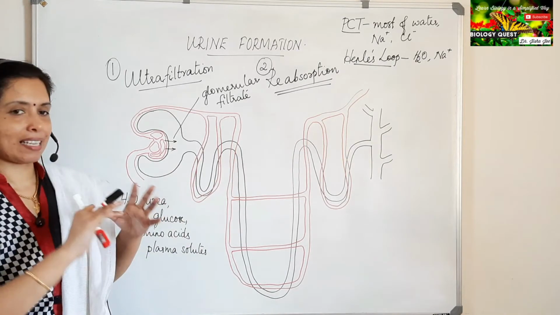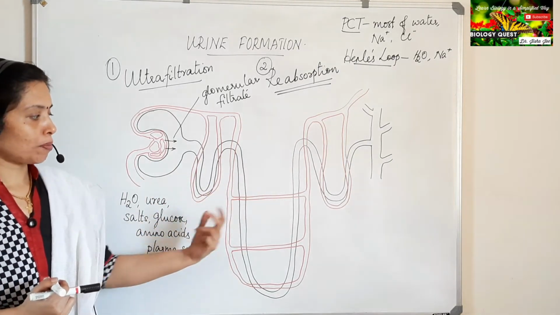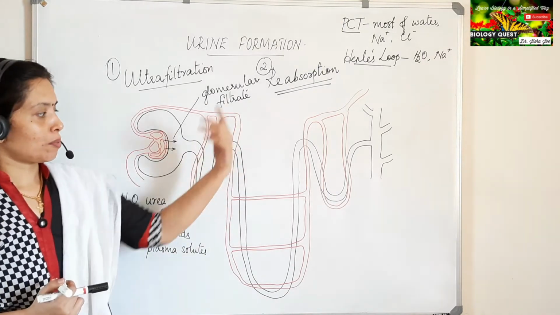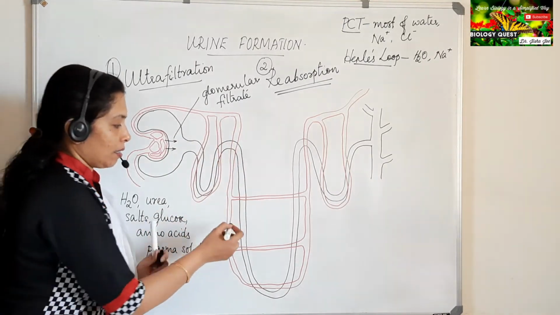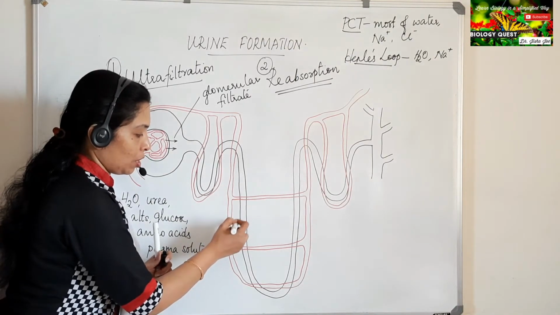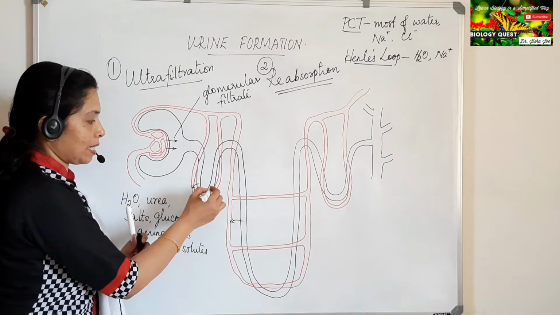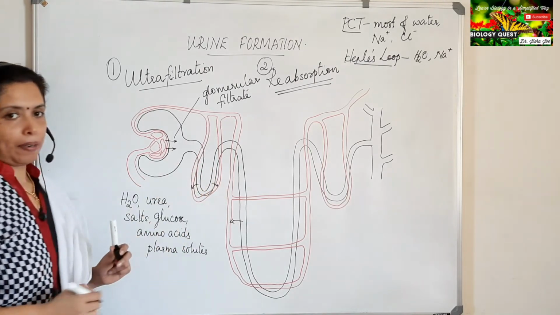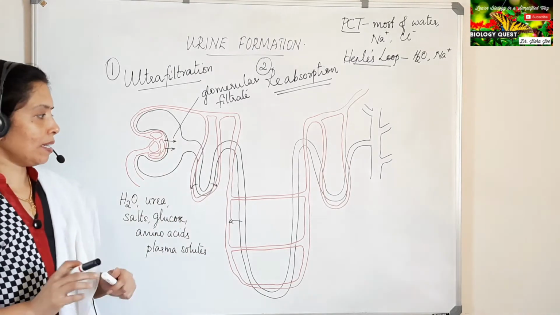It is seen as a network around the renal tubules. So the reabsorption of these substances will take place into the blood that is present in the capillaries. Okay, reabsorption into the blood. Substances will be reabsorbed into the blood that is present in the secondary capillary network.